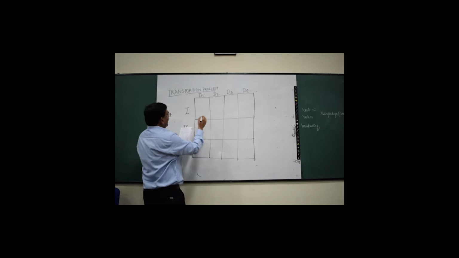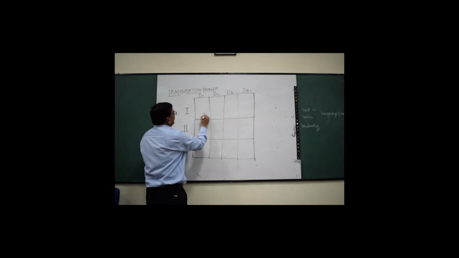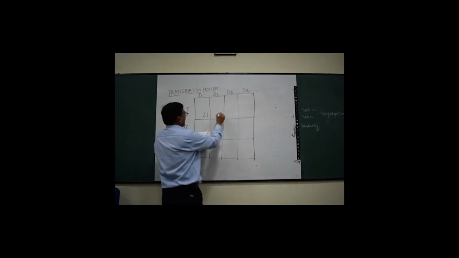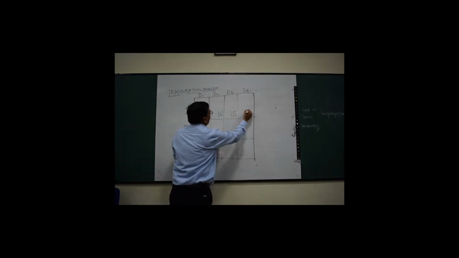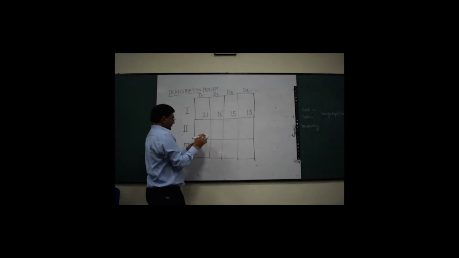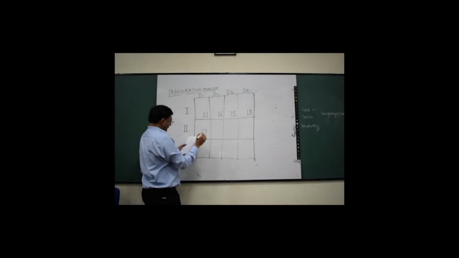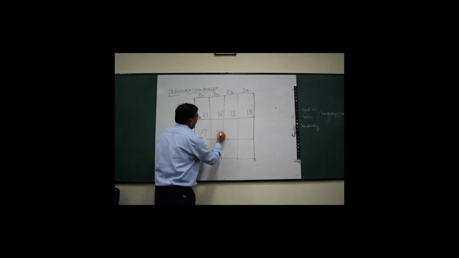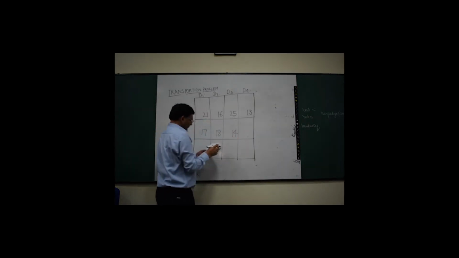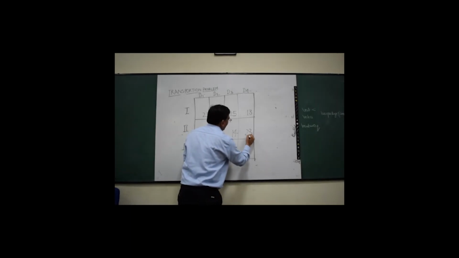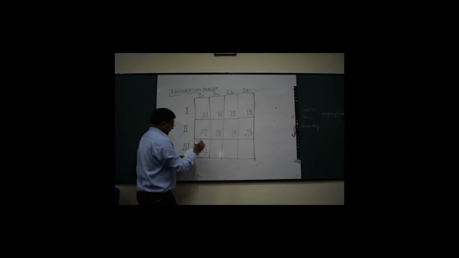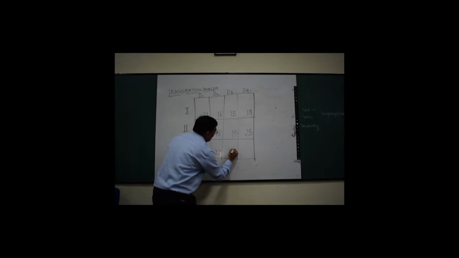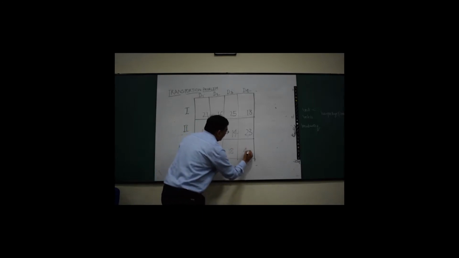Again, the per unit costs given to us were 21, 16, 25, 13, 17, 18, 14, 23, 32, 27, 18, 41.